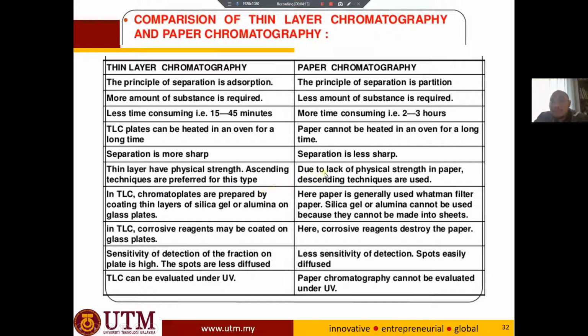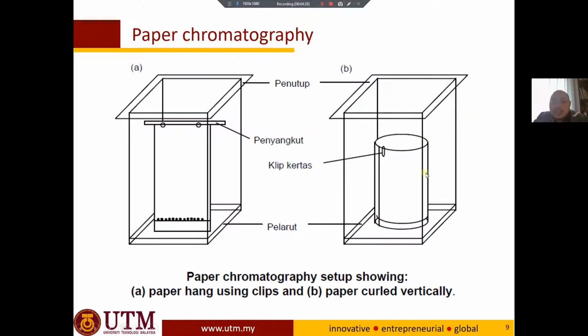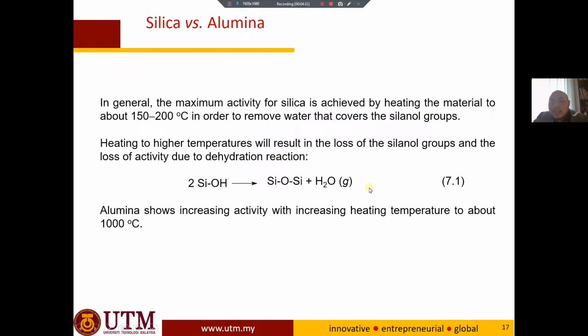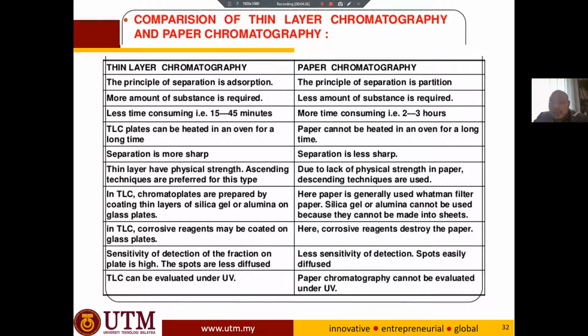Okay, but for the paper chromatography, as I said before, because of its flexibility, the basic setup is via hanging, or we curl the paper, like have shown before. Okay, like here, we either need to hang or curl vertically. So if you find in the old books, for example, the other technique to perform the paper chromatography is via the descending technique.